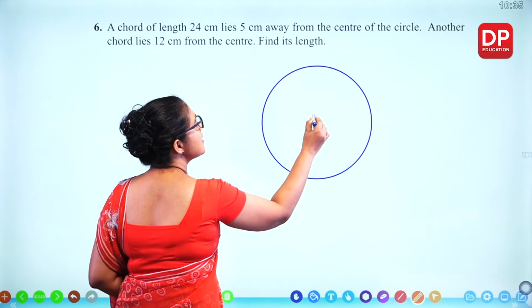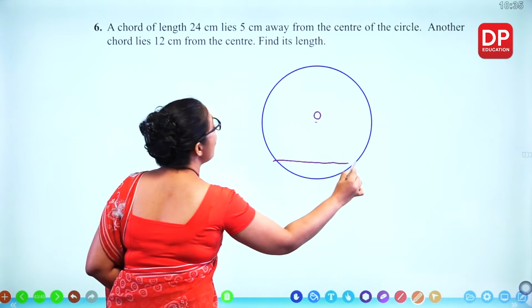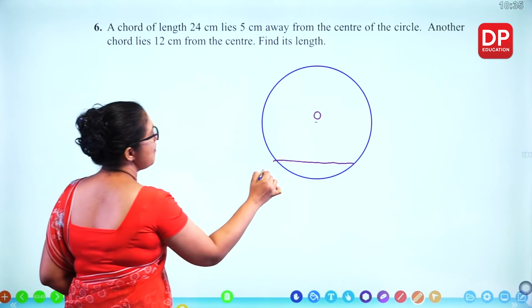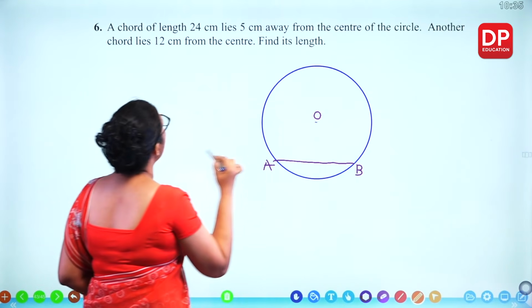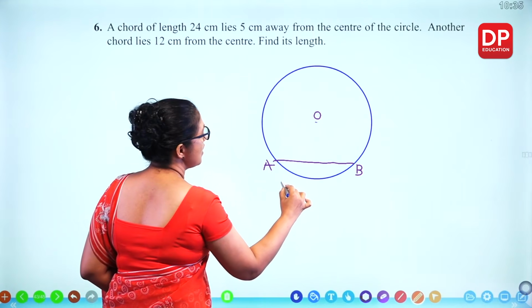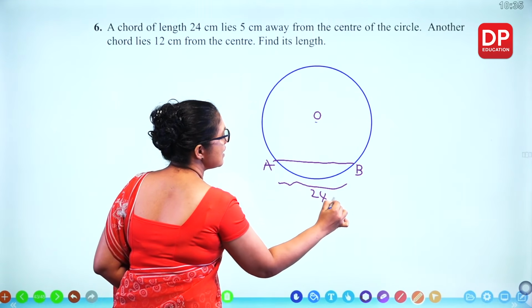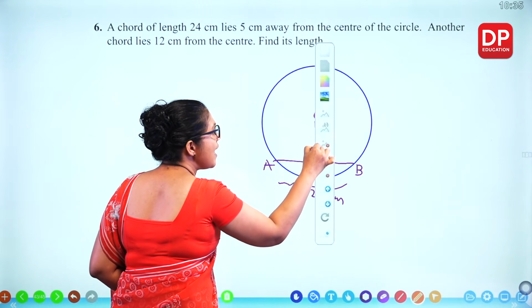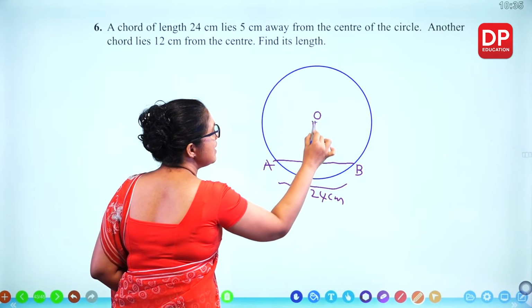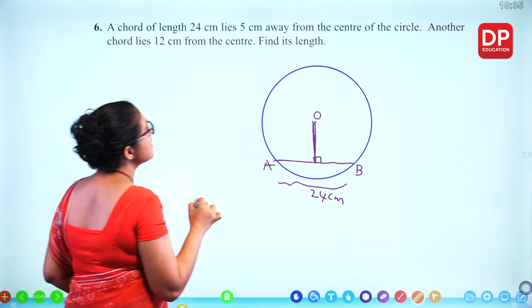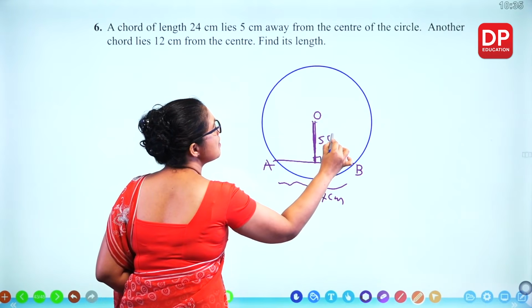So this is the center. There's a chord, we'll take AB, and the length is given as 24 centimeters, and it's away from the center, which means the perpendicular distance is given as 5 centimeters.